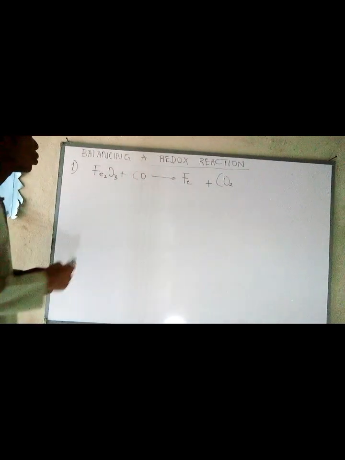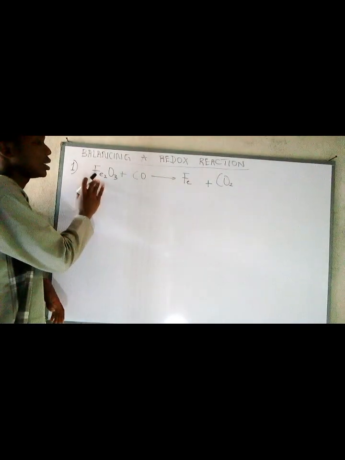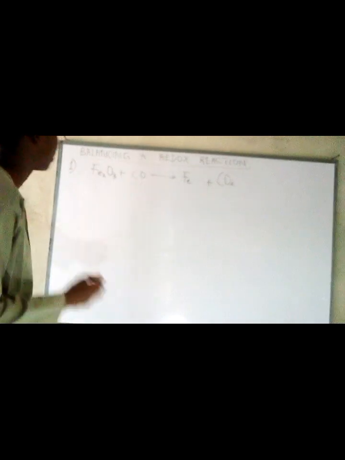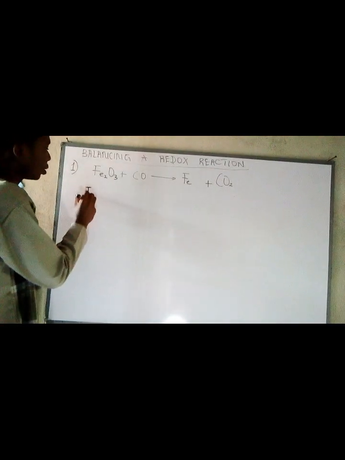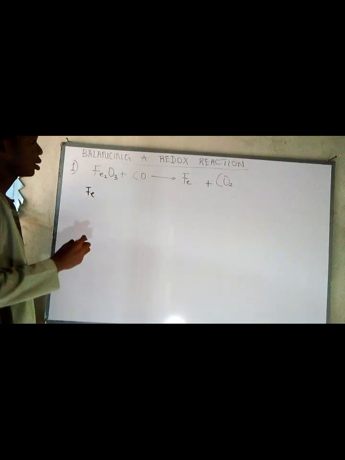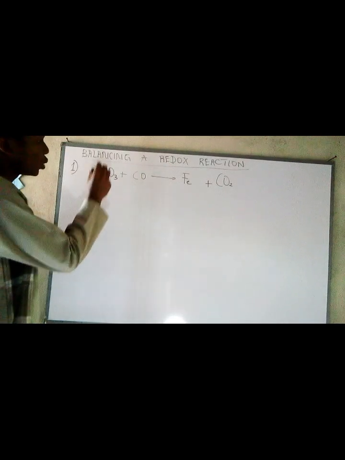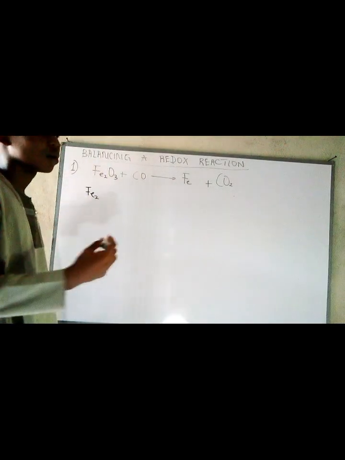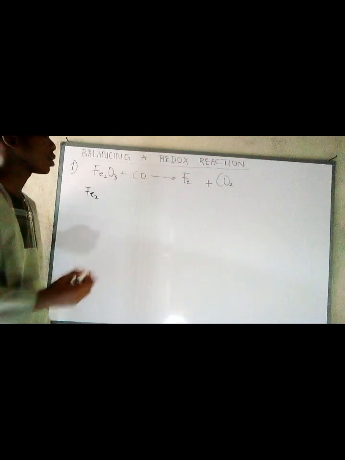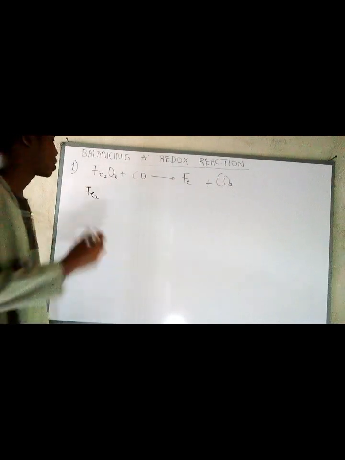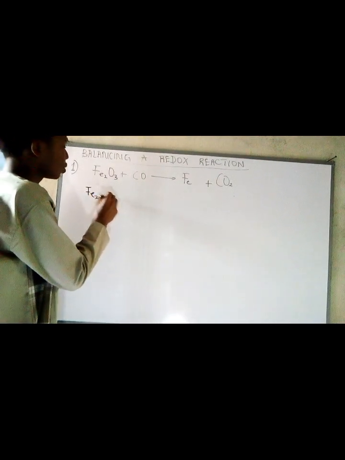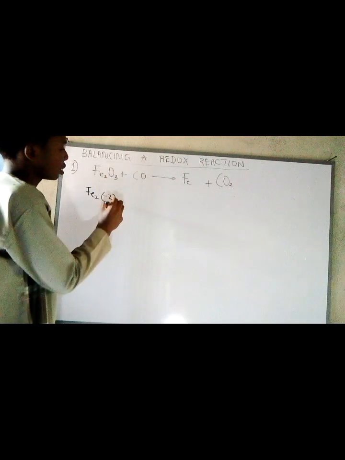First, we'll look for the oxidation number of iron in this compound. Iron is the unknown here. We know oxygen is a constant, -2 is the oxidation number of oxygen. So we write -2 in brackets.